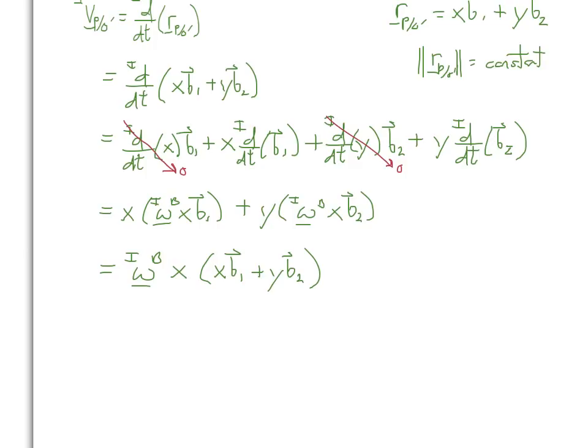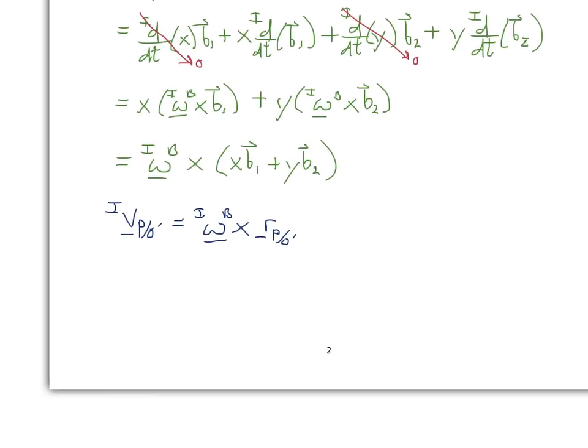So we replace this, and so our velocity of P with respect to O prime, as observed in the inertial reference frame, is omega of reference frame B as observed in the inertial reference frame, crossed with our position vector of P with respect to O prime. These are 2 points that are fixed on the rigid body. And then that's our rotational component of our velocity.